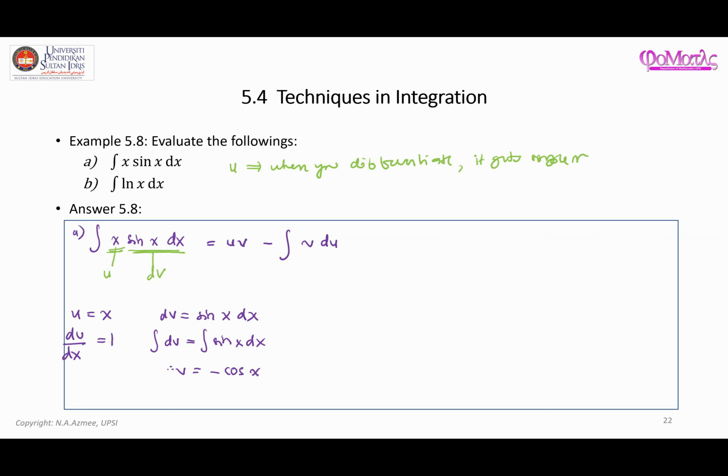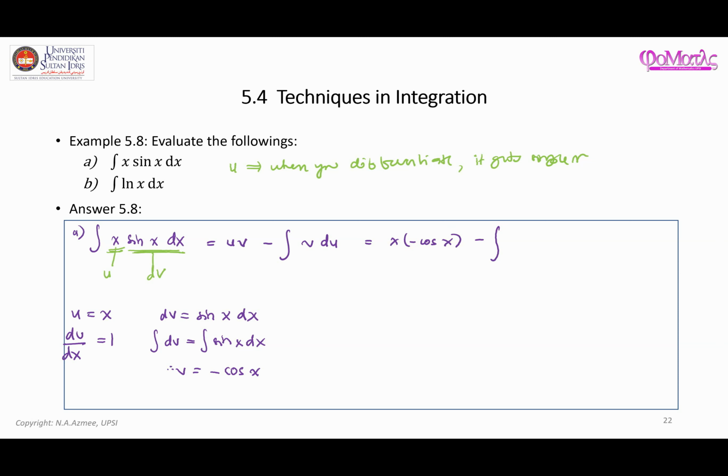Okay, what we can do next is replace u and v accordingly. So u is x, v is negative cos x, minus the integral of v du.